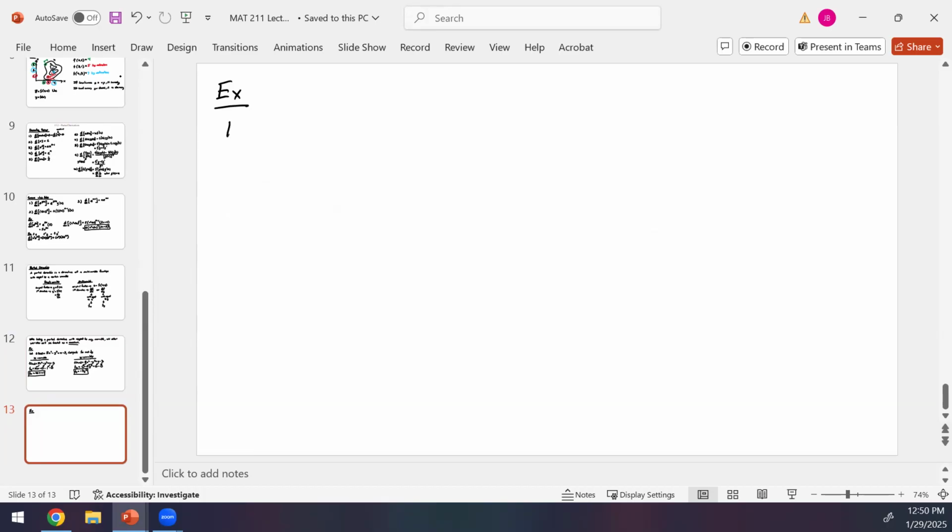So find fx and fy if f of x comma y is equal to negative 60x plus 20y plus 14xy.